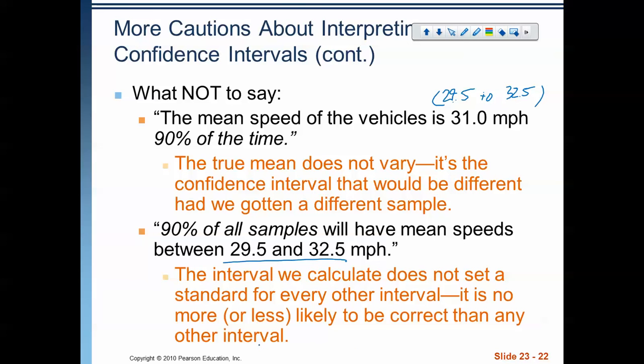This interval that was calculated in a problem does not tell us that 90% of all samples are going to have intervals like that, or that the mean speeds will be between those, right? It's no more or less likely to be correct than any other interval. Again, every sample is going to create a different interval, and it doesn't tell us anything about what the mean speeds are going to be. It doesn't push it in there.